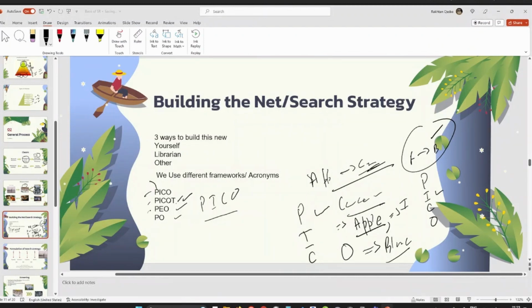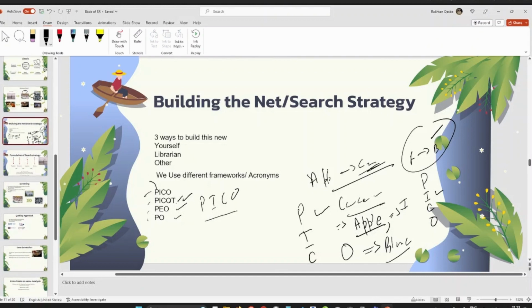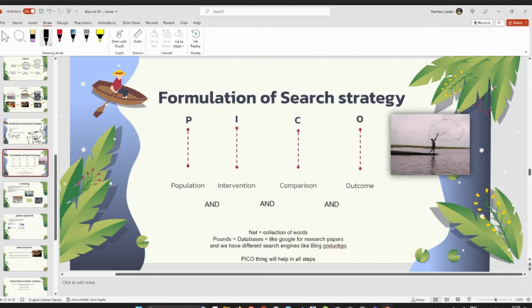These frameworks make our job very, very easy. We have put our research question in the PICO format, and then we'll build a search strategy around this.